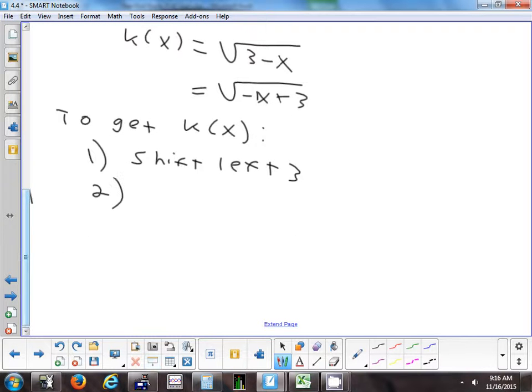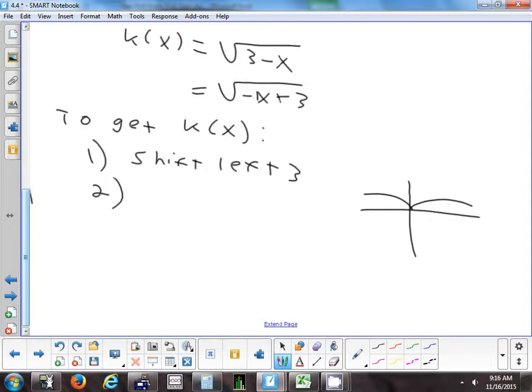And this negative, somebody already mentioned what negatives do. It's going to flip, and it's going to flip horizontally. This is a horizontal flip. So which axis would that flip over? If it's going to flip horizontally, it flips over the y-axis.